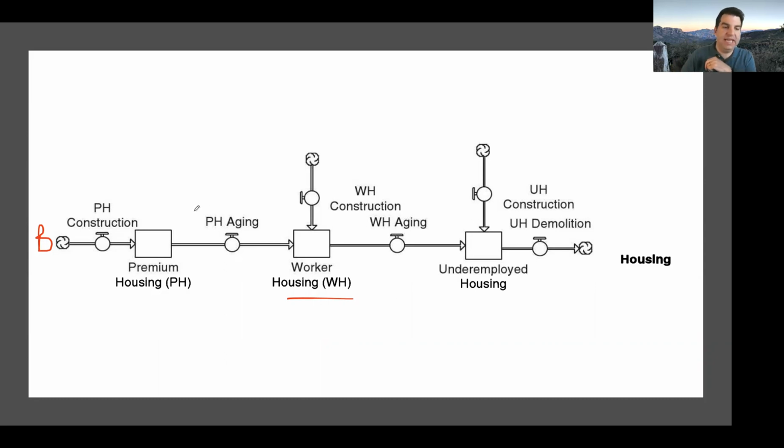Now, not only do you get aging of the premium housing into that, but you actually then also have those who just build the housing itself. You say workers need housing, not all of it has to be premium housing that ages into that. Some of it is built fresh as worker housing. Now, eventually, over time, that will age into underemployed housing.